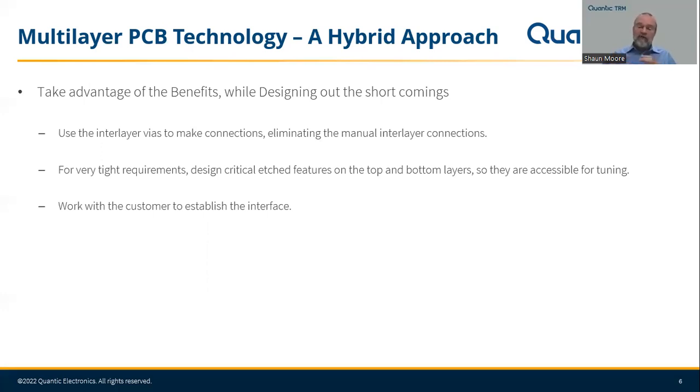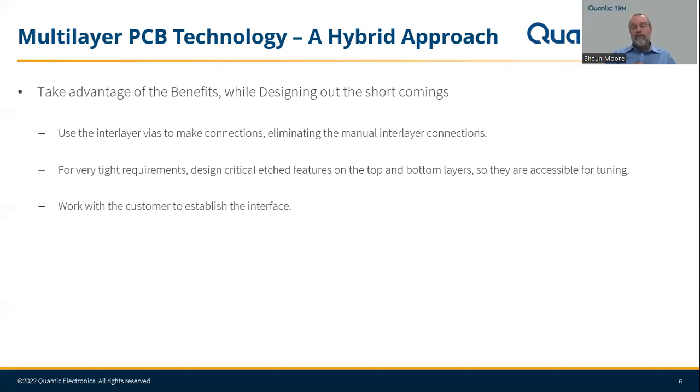And therefore give us the opportunity to make those fine adjustments for the cases where we have really tight electrical performances. Again, if we can work with the customer and make sure that, to accommodate those edge tolerances as part of the design, that's better.